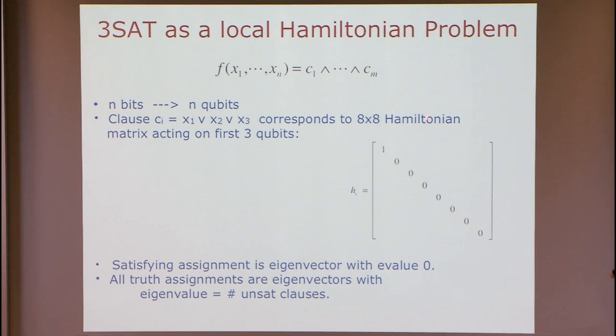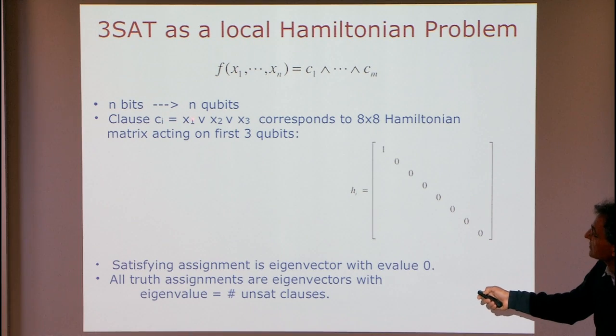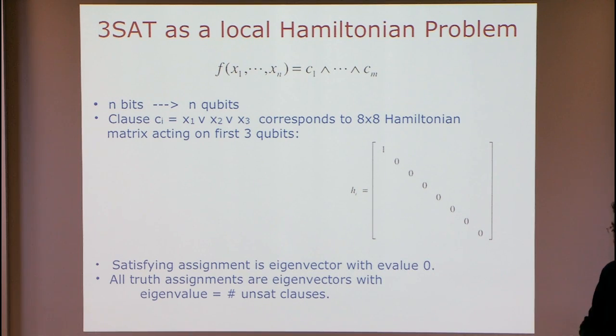So you have m constraints, each of which consists of a clause which is a disjunction of 3 literals. So you might have a clause such as x1 or x2 or x3. And now, why is this a special case of the local Hamiltonian problem? So this would be a 3 local Hamiltonian problem.